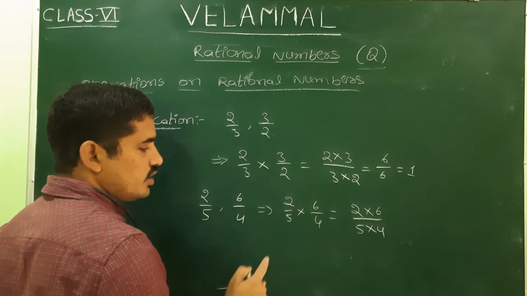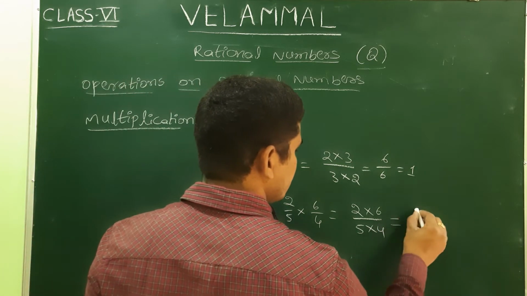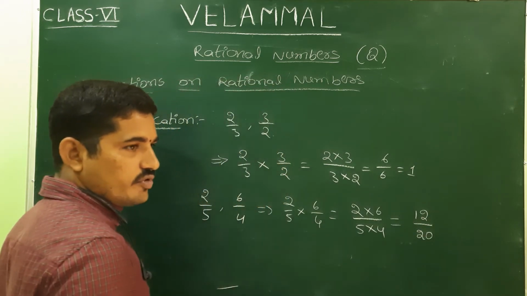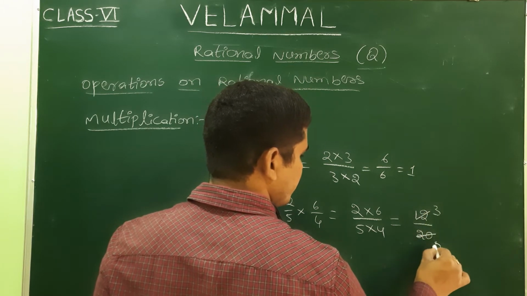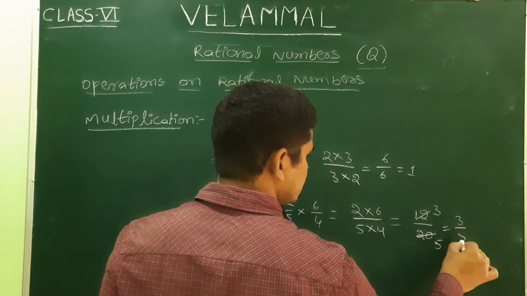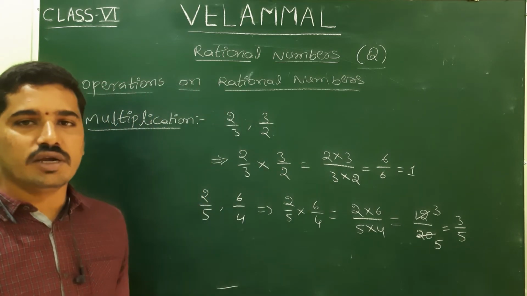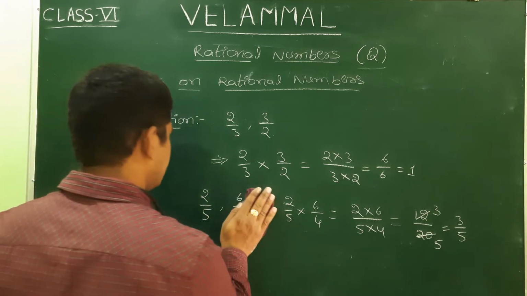Numerator into numerator divided by denominator into denominator. So by that we will get 12 by 20. If we simplify with the 4 table, 4 3s are 12, 4 5s are 20. So finally we can say its answer is 3 by 5. So this is the general multiplication of rational numbers, like what we have for fractions.